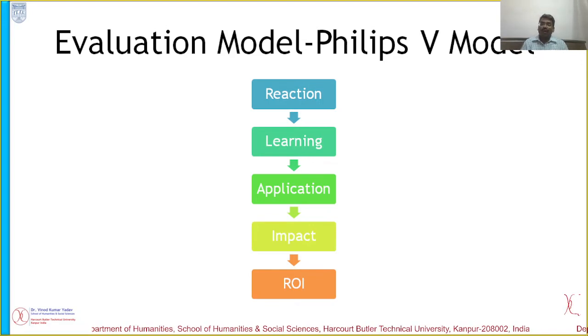If you want to study this in detail, we will share this particular picture, but try to learn in brief the theory of these two models, which will help you with the evaluation modalities of training programs.